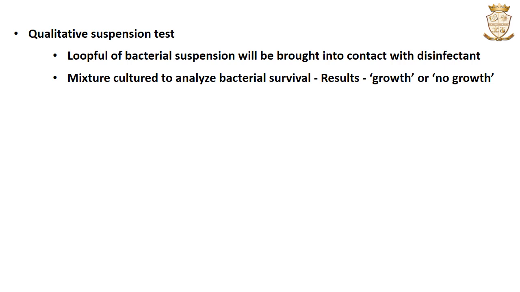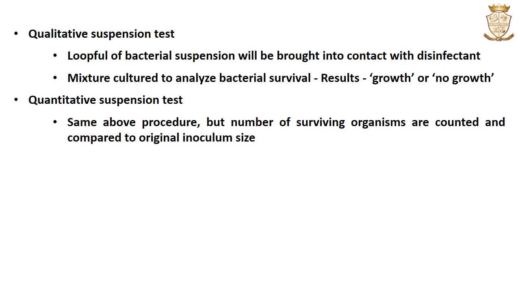The results will be expressed as growth or no growth. Growth indicates that the disinfectant is not effective, and if there is no growth of microorganisms after their contact with the disinfectant, that means the disinfectant is highly effective.